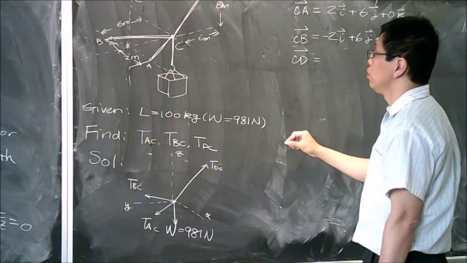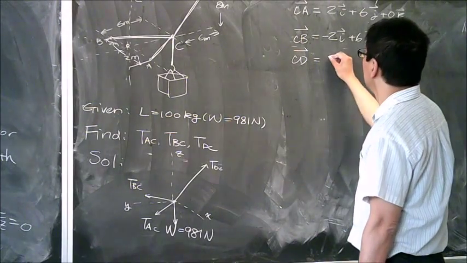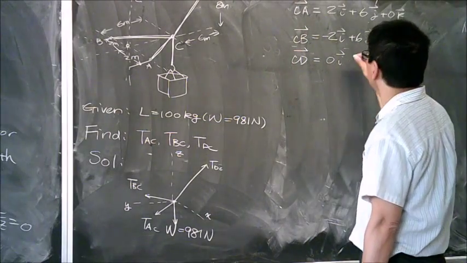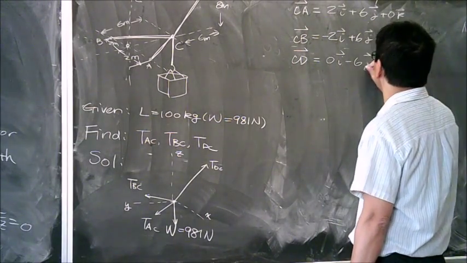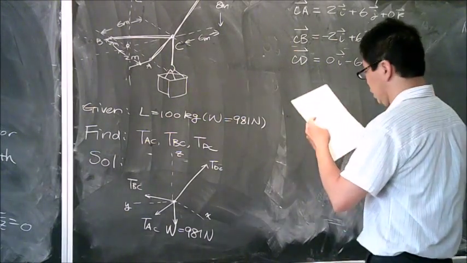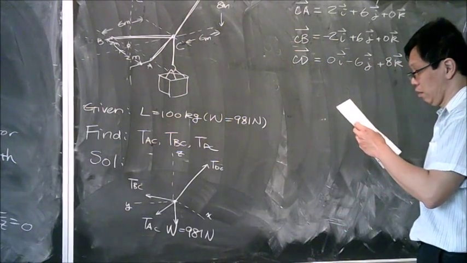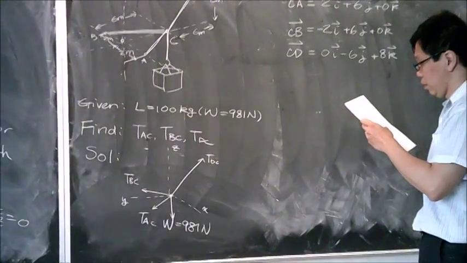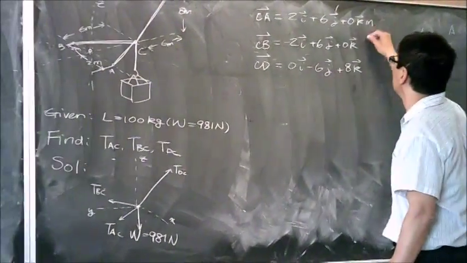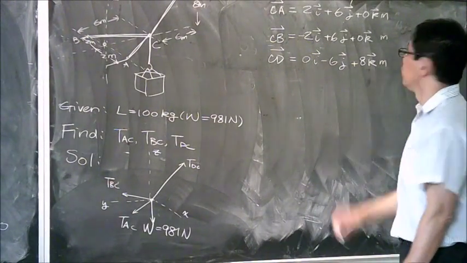This one is going to be 0i minus 6j plus 8k. They are all in meters.